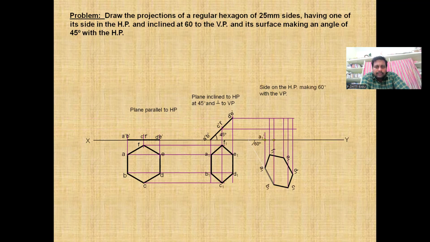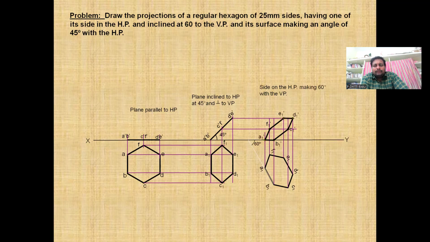Similarly, B to B dash. Then C, and then D, then E, then similarly last F. So then join all the points.